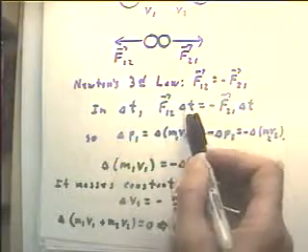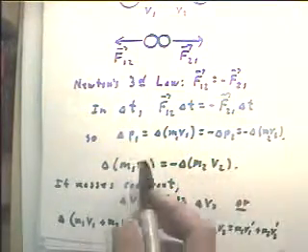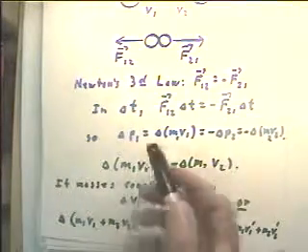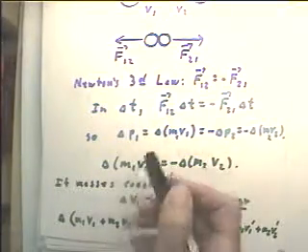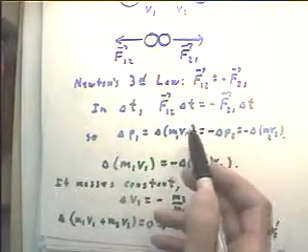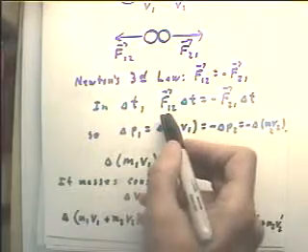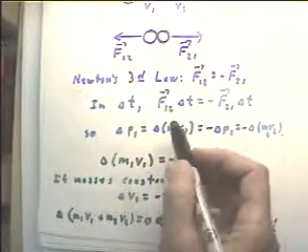Okay, so in a time interval delta t, it's going to follow that F12 times delta t is going to be the negative of F21 times delta t. Just multiplying both sides of this equation by delta t gives that to us mathematically, and in a common sense manner also. If equal and opposite forces are applied for equal times, they're going to have equal and opposite effects. Now, F delta t is the impulse, and that's equal to change in momentum.